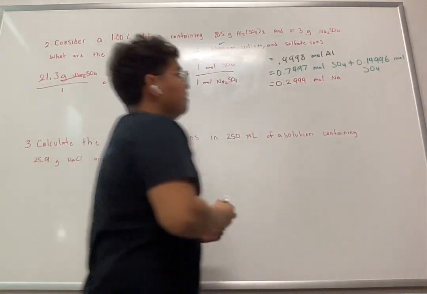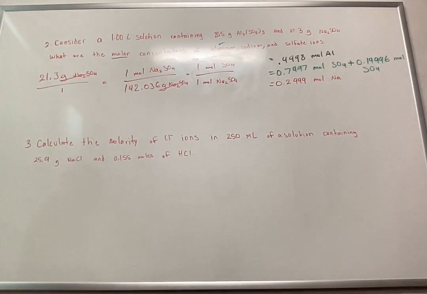Okay, so in total, our final answer, molar concentration of aluminum, sodium, and sulfate. How do we find molar concentration? Well, we just do moles over the liters. In this case, it's just 1.